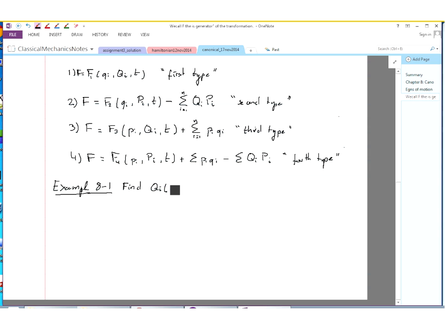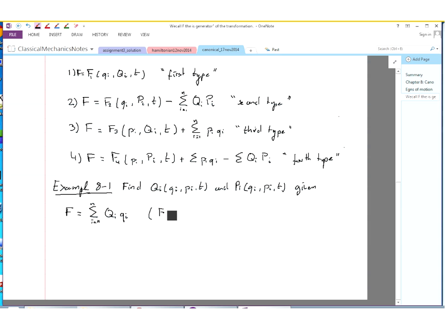So capital Qi in terms of little qi, little pi, and t, and capital Pi. So how do the big Q and big P depend on the initial variables? Given a generating function f that's given by the sum of capital Qi and little qi.